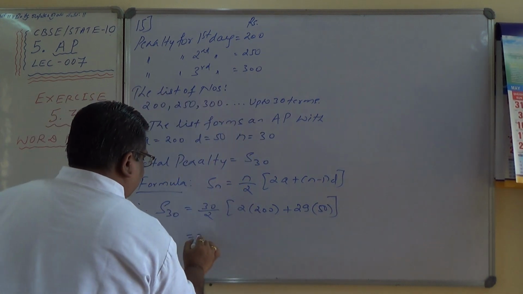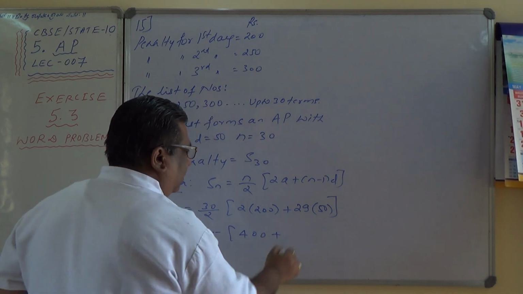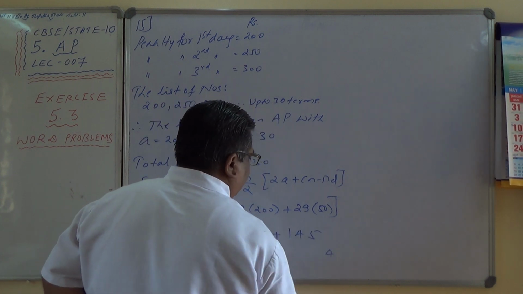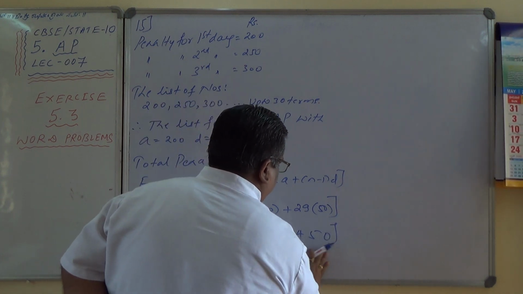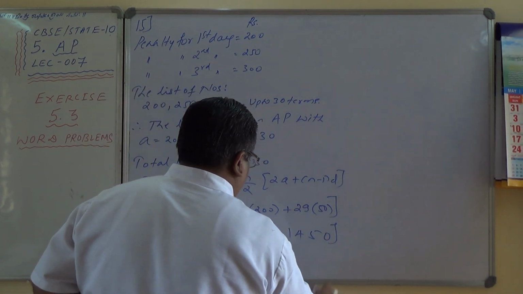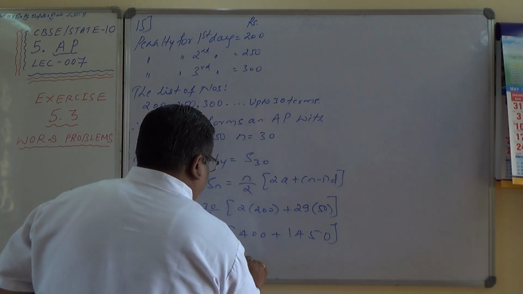So this is equal to 15 times 400 plus 1450, which equals 15 times 1850.